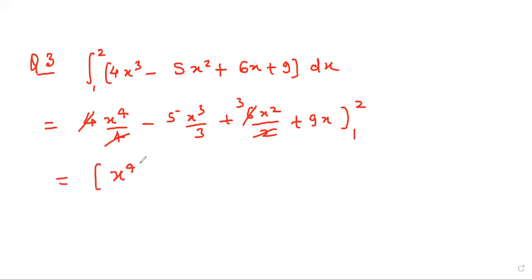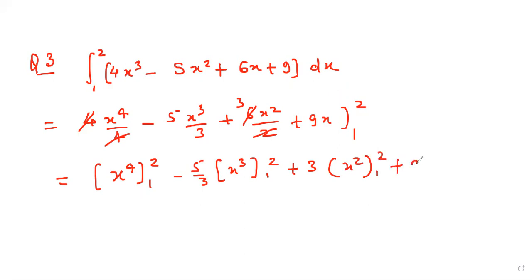We can write separate limits: x power 4, limits 1 to 2, minus 5 by 3 x cube, 1 to 2, plus 3 times x squared, limits 1 to 2, plus 9 times x, limits 1 to 2.